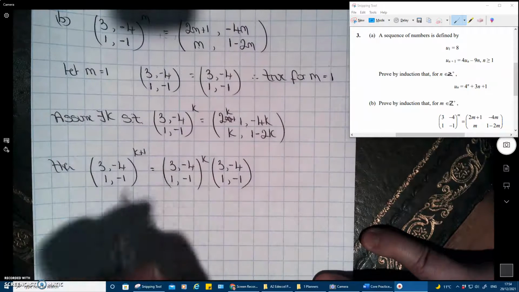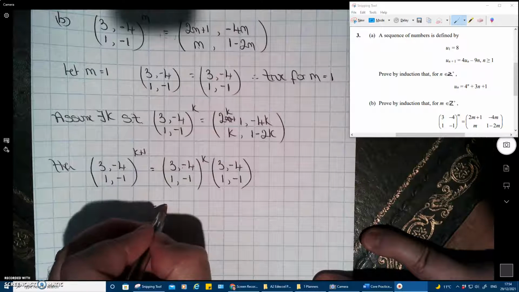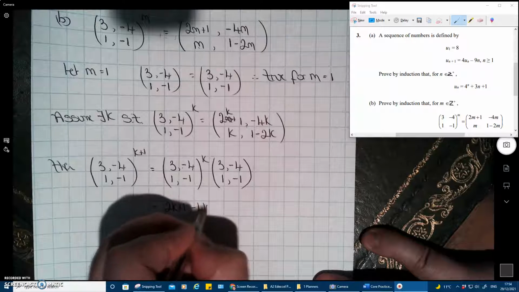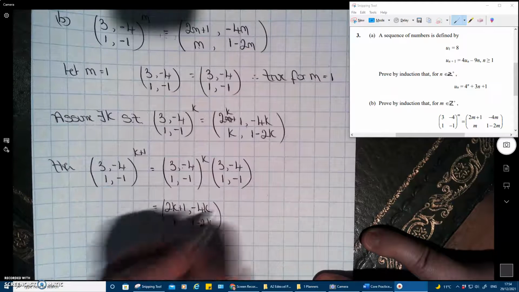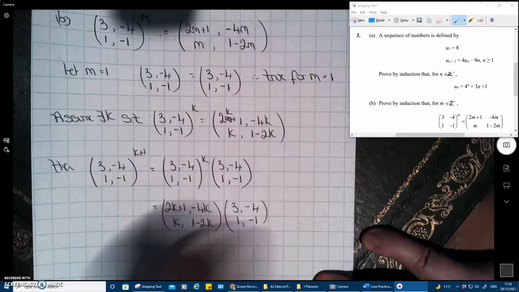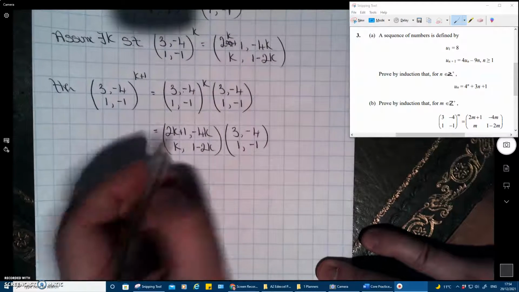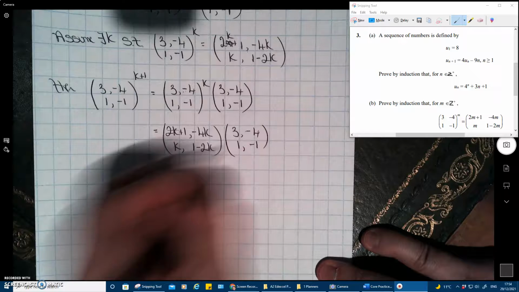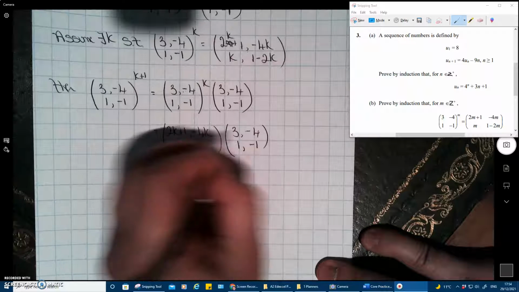Alright, so we've already assumed that power k equals this. So we've got 2k plus 1 minus 4k, k, 1 minus 2k, times 3 minus 4, 1 minus 1. Okay, now we're going to multiply those two together. So cross and down, so we get 6k plus 3, which is that times that.